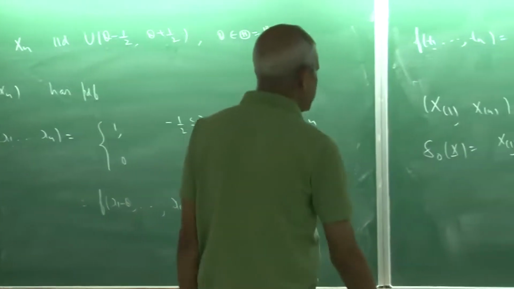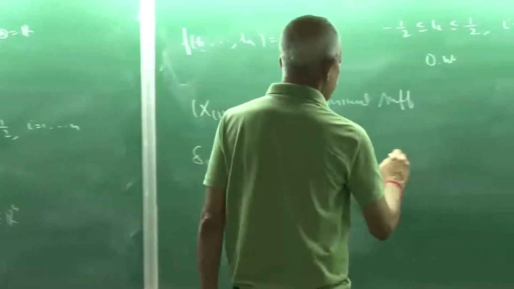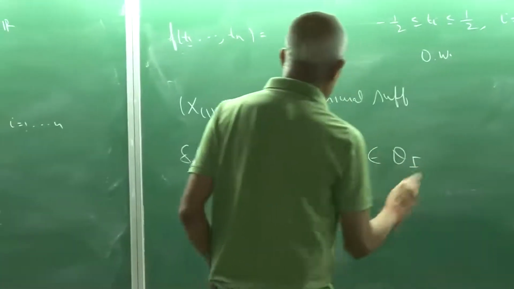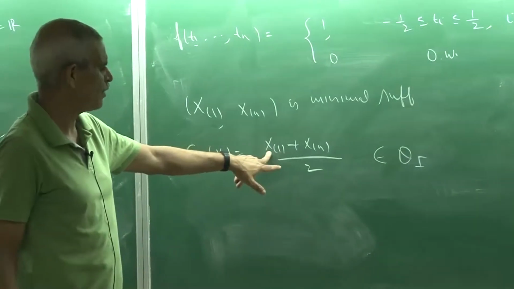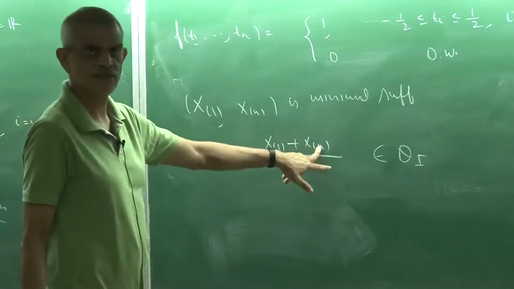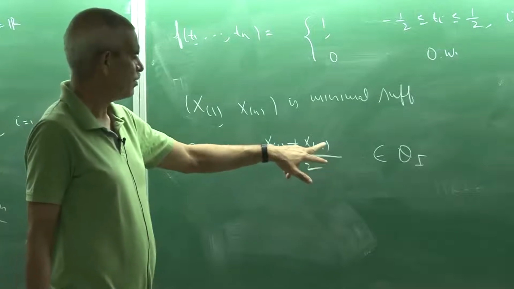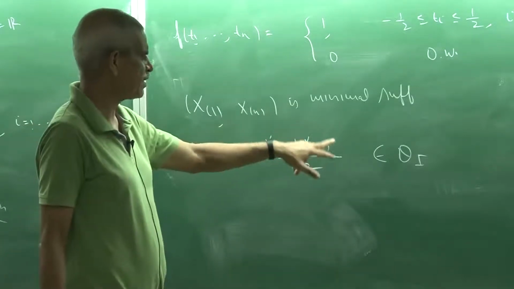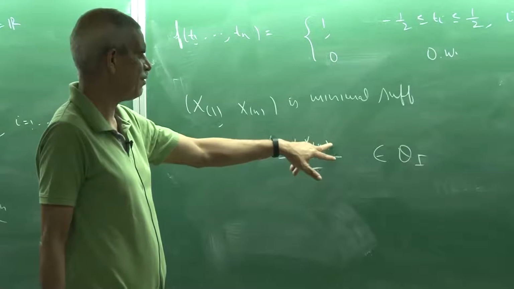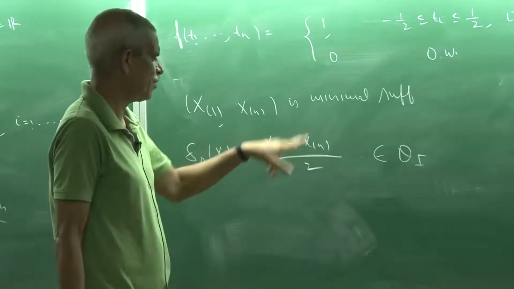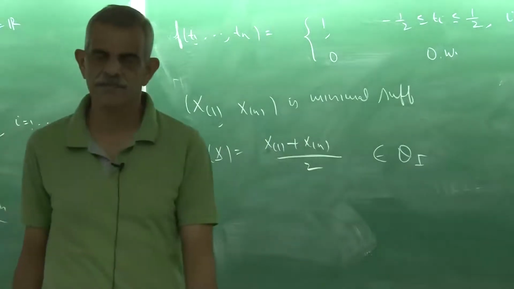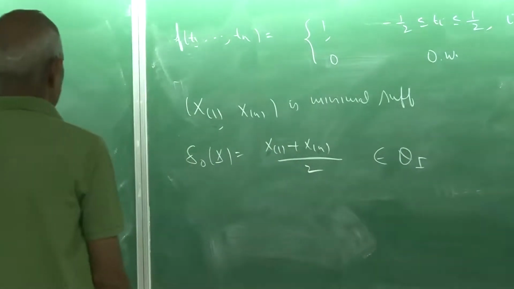So this clearly belongs to the invariant class, right? Because the minimum of x1 plus c, ..., xn plus c is the minimum of x1, ..., xn plus c. The maximum of x1 plus c, ..., xn plus c is the maximum of x1, ..., xn plus c. The two c's add to 2c, divided by 2 that becomes c, so it becomes delta of x1, ..., xn plus c. So it is invariant, you can straightforwardly see.